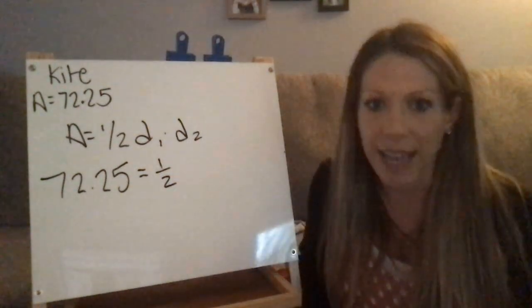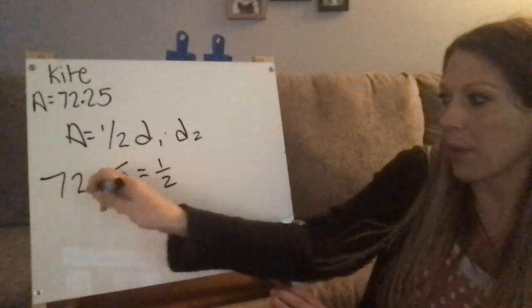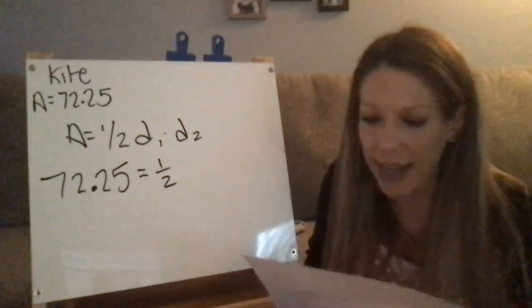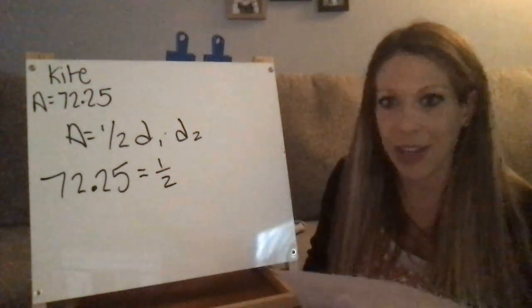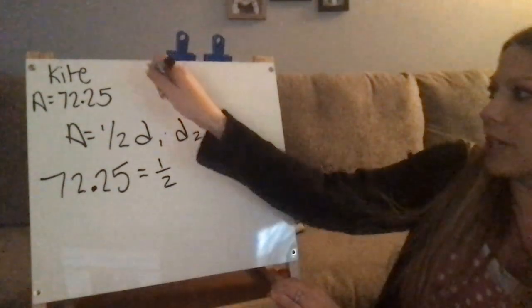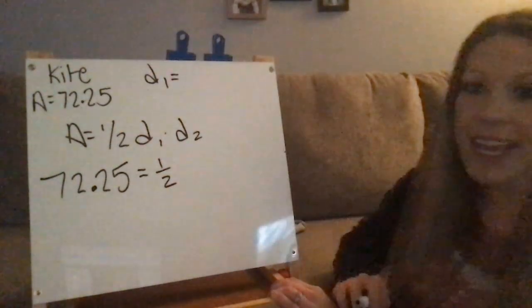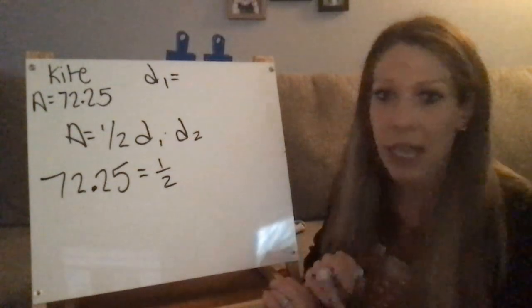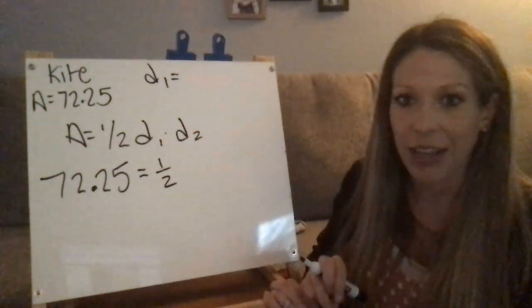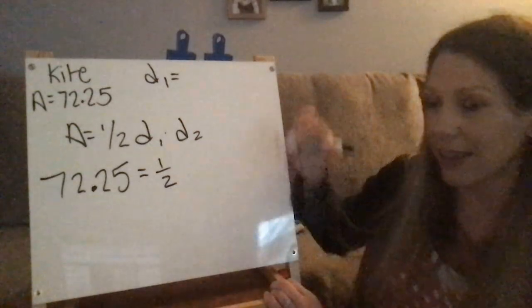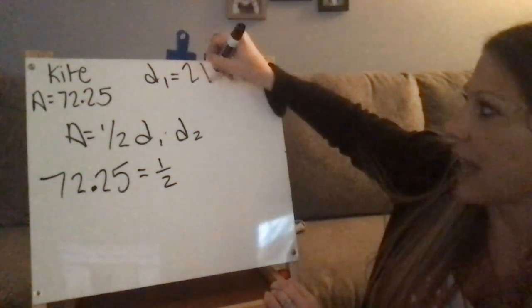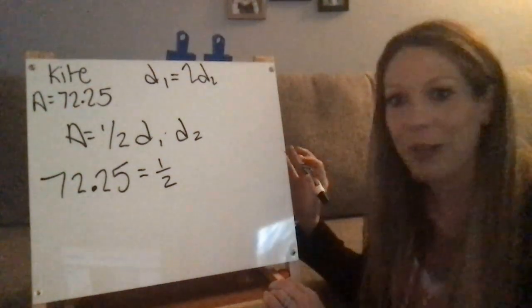We don't know either diagonal though, and we need to find them both. But it does say one diagonal is twice as long as the other. So we'll say diagonal 1 equals, in math, twice as long as the other, 2 times diagonal 2. Sorry, it's hard for me to write on here.